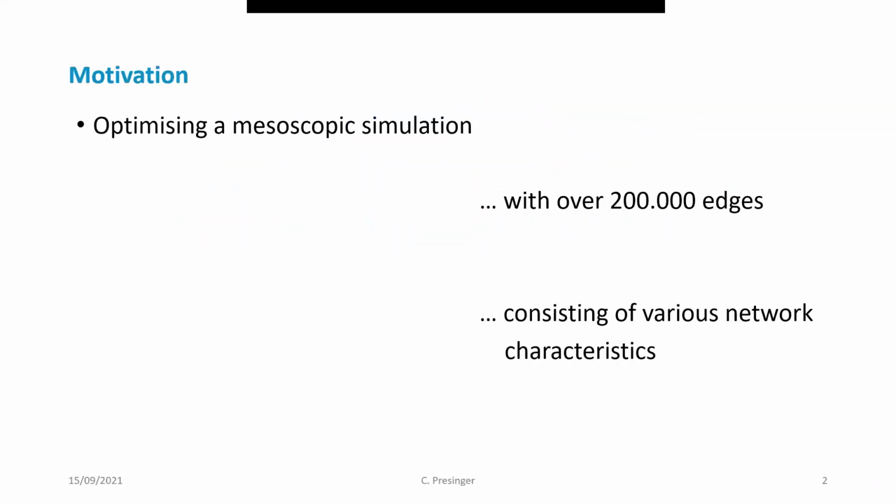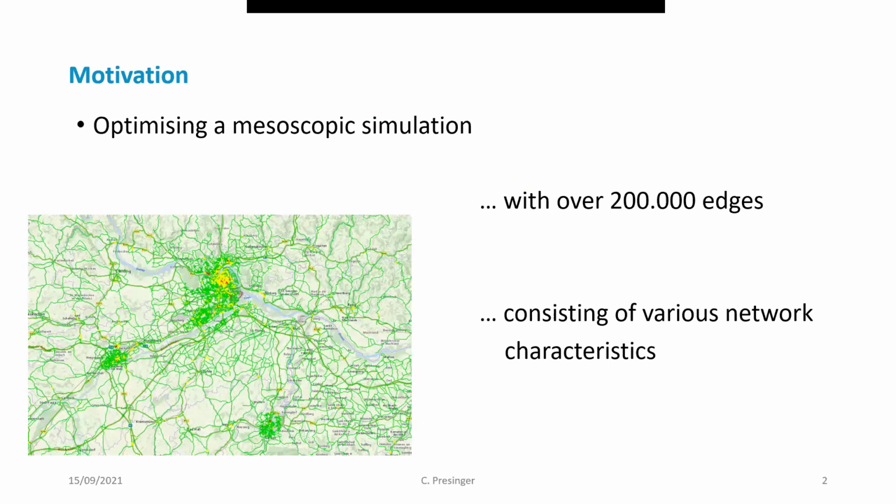And the model we have has over 200,000 edges. It is the complete Upper Austrian model. It is only a small part of this model. And this model consists of various network characteristics.